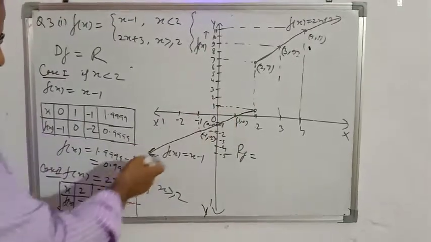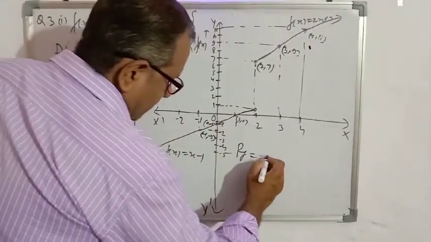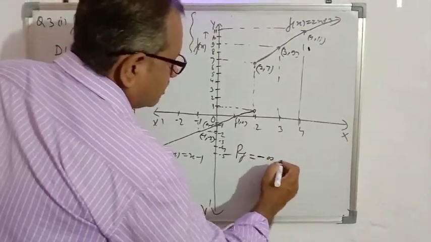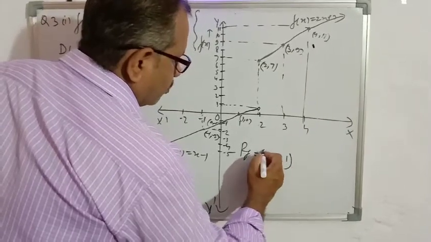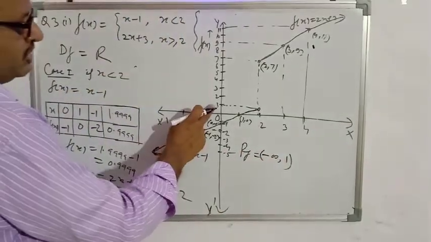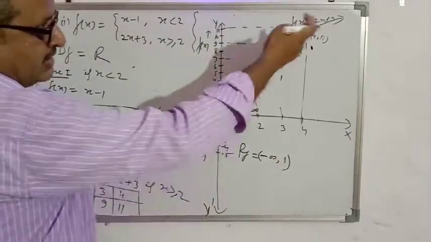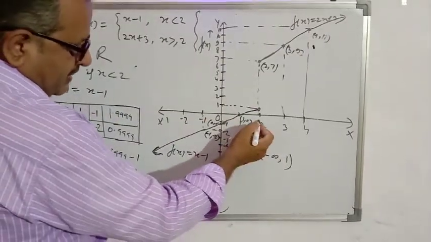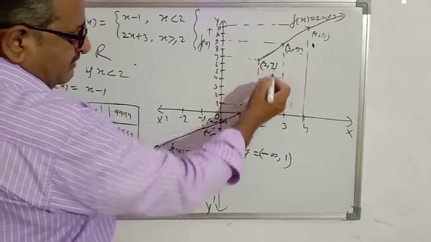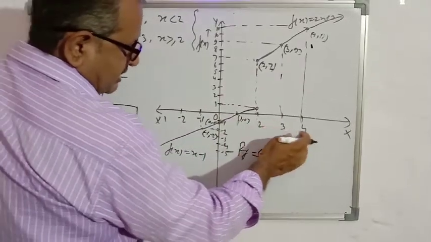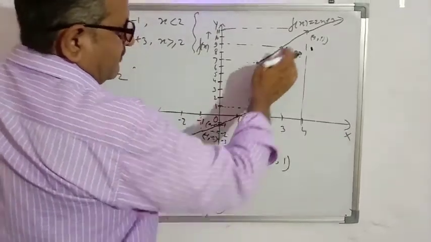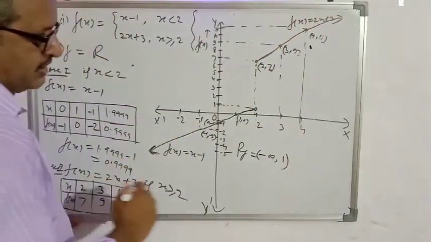So what is the range of the first part? Minus infinity to 1, but we have to take an open interval. 1 is not included. And what is the range in the second part? If x is equal to 2, f(x) is 7. As x increases from 2, the value of f(x) also increases up to infinity.